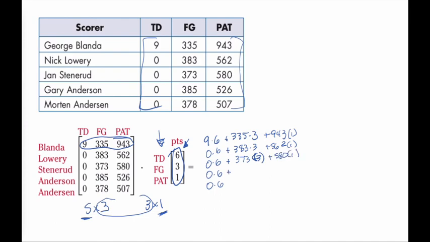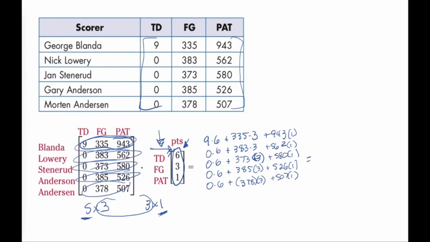And this is 385 times 3 plus 526 times 1. And this is 378 times 3 plus 507 times 1. All right, so multiply each row here by this column, and we're going to add them up.